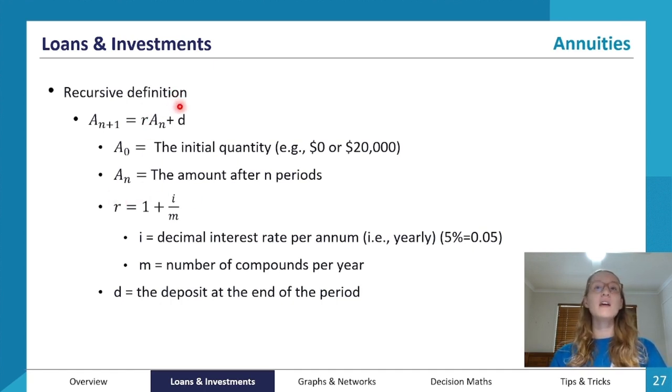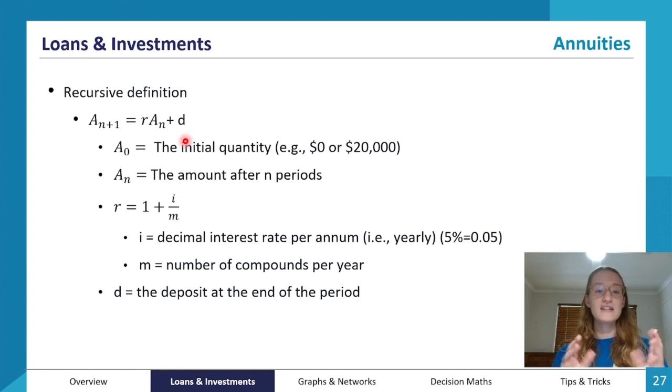In reducing balance loans or any type of loans, compound interest works against us. Interest grows, and that's really frustrating because then we have to pay it off. It's not a great thing. But when we're talking about investments or annuities, interest is an awesome thing because interest is increasing how much money we have.